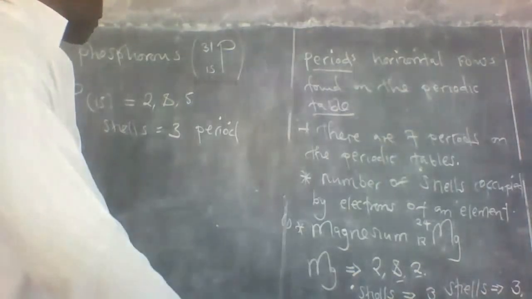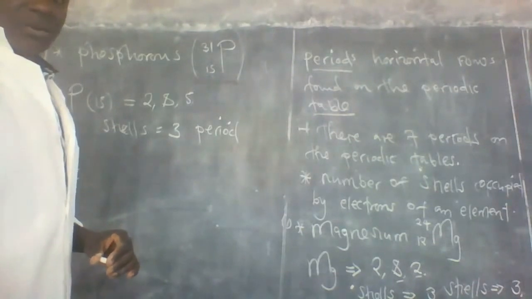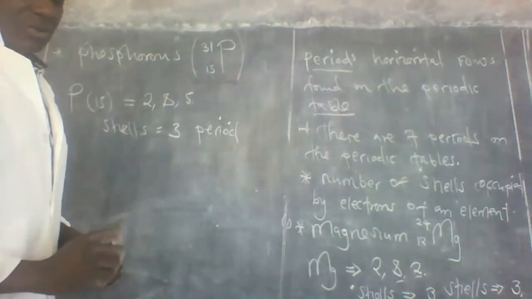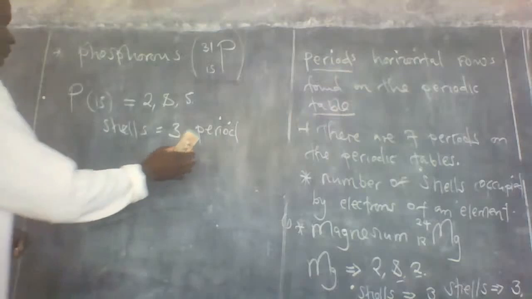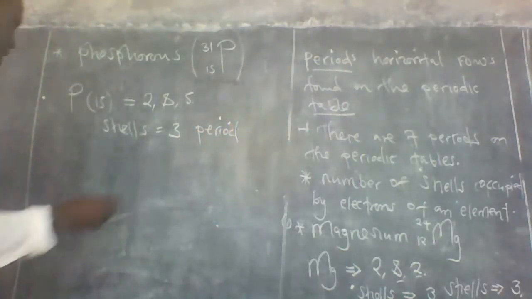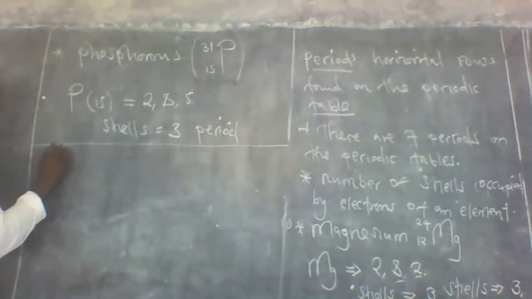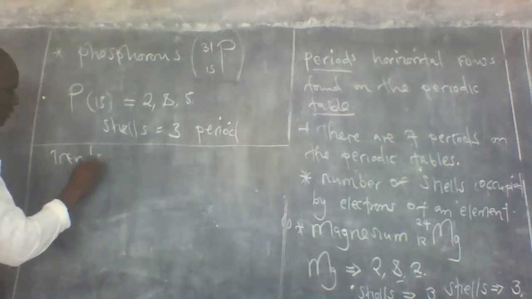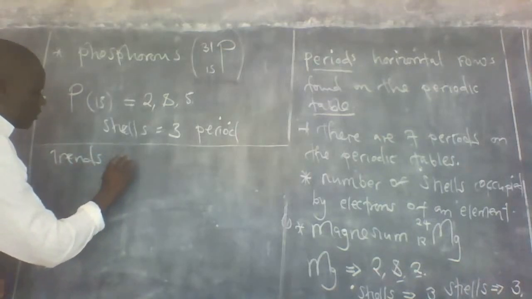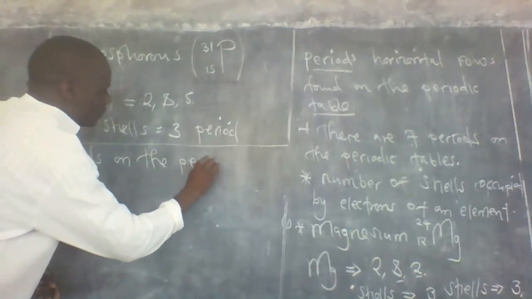Now, away from that, what other things can we learn about this period on the periodic table? The things that we can learn from there are the following. So we can look at what we call trends. Trends on the periodic table.